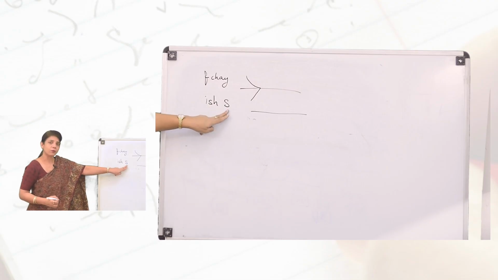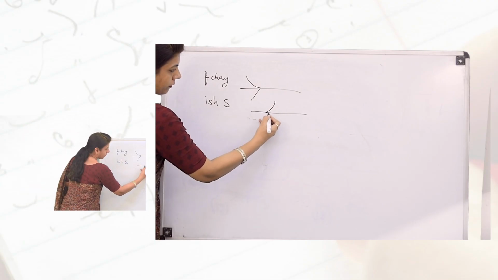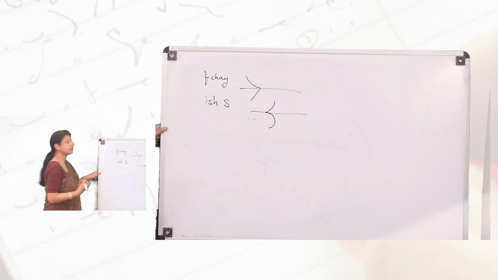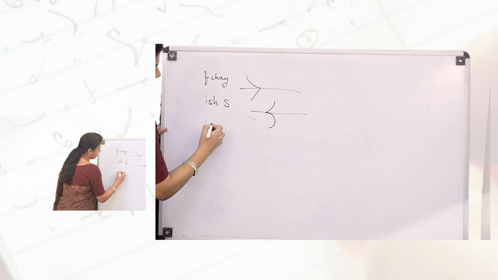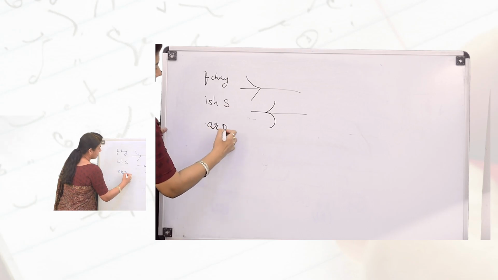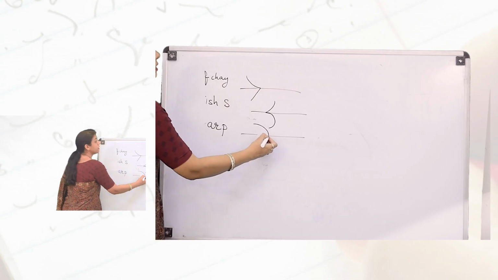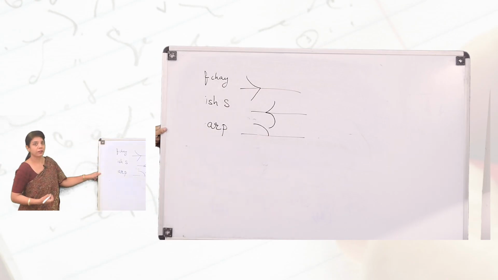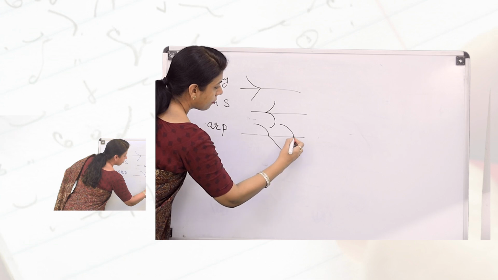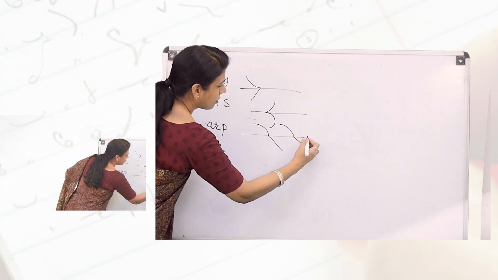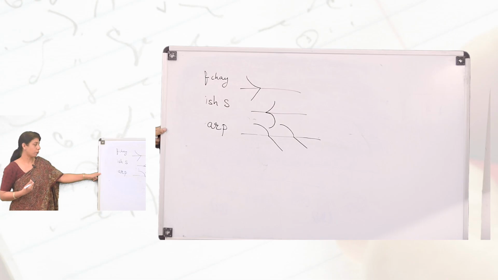Downstroke plus downstroke, ish, and then S. R is again a downstroke, though it is an additional consonant, but it is a downstroke, R and P. Lifting the pen is not allowed, so it has to be done without lifting the pen or pencil.